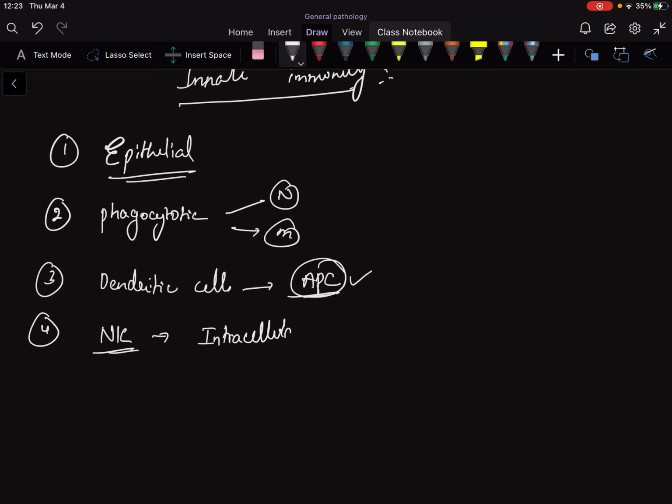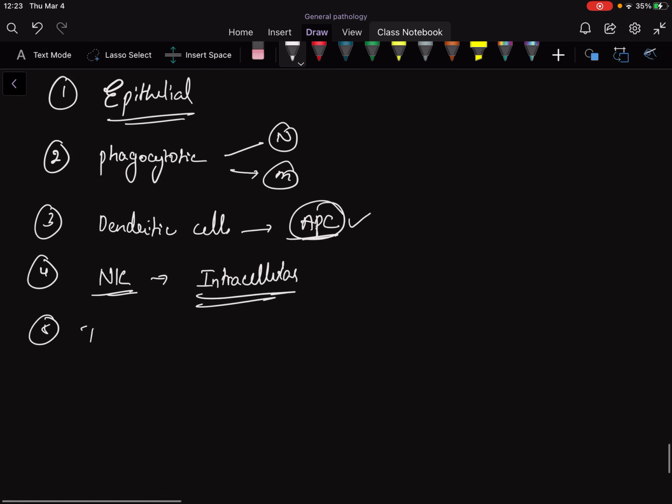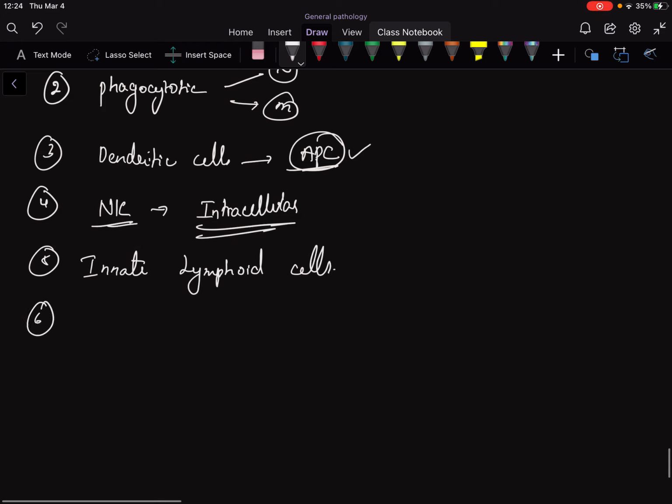The fifth one is innate lymphoid cells. The sixth one is plasma proteins, which include the complement system. Okay, so this was about innate immunity.